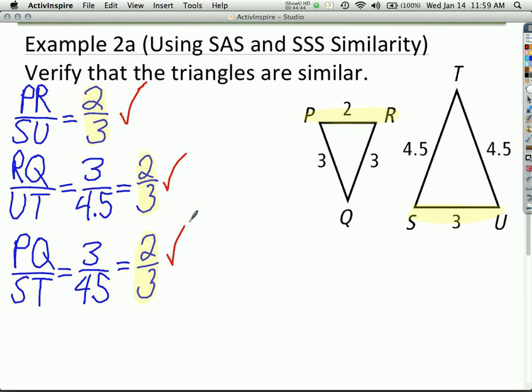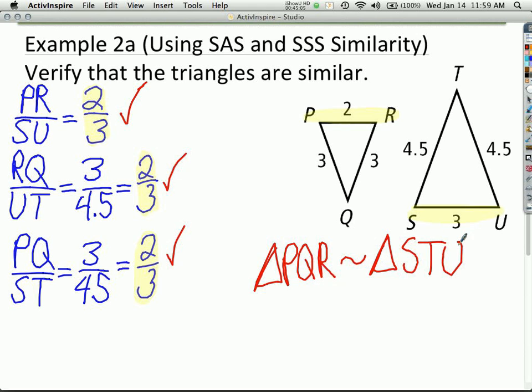And so now we can make a similarity statement. We can say triangle PQR is similar to triangle, and now I need to get the letters right. And since it's isosceles, we could probably flip it around. So let's say STU.